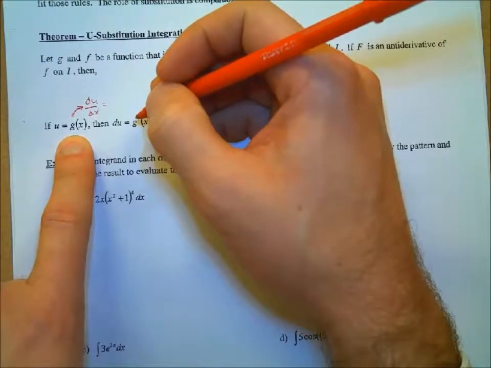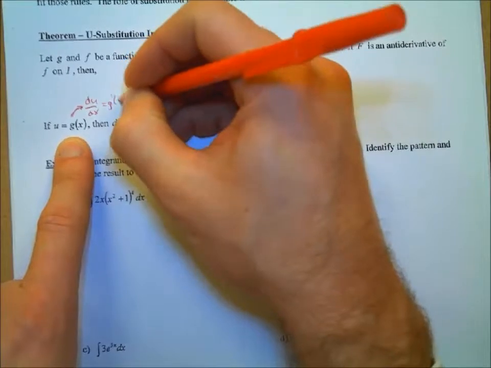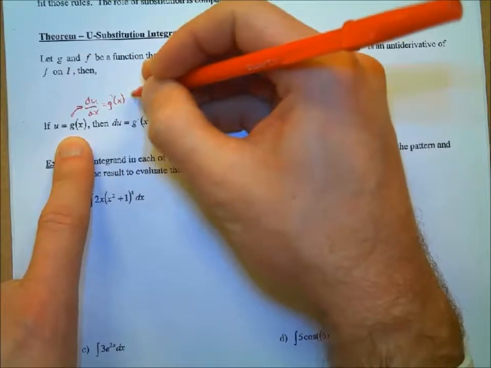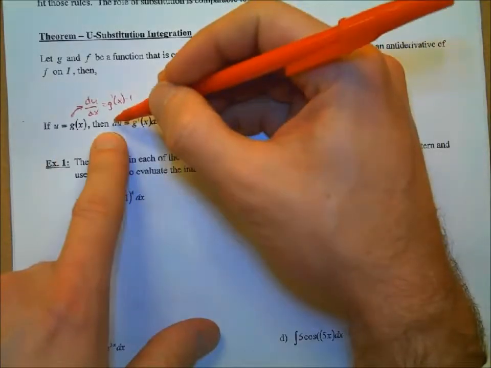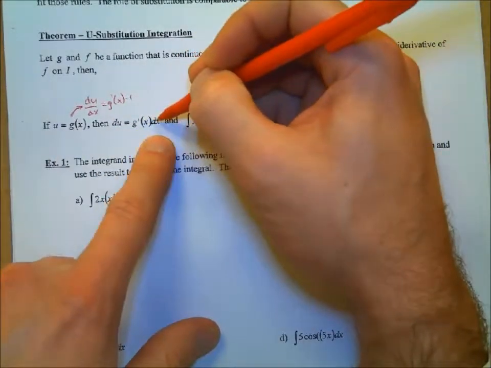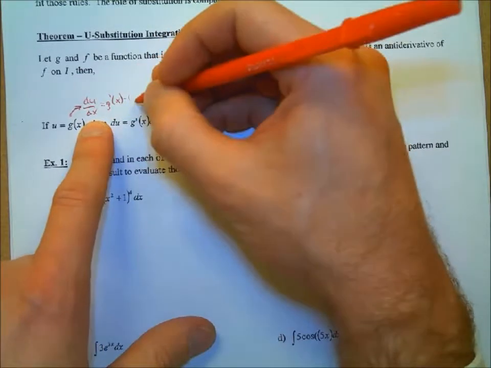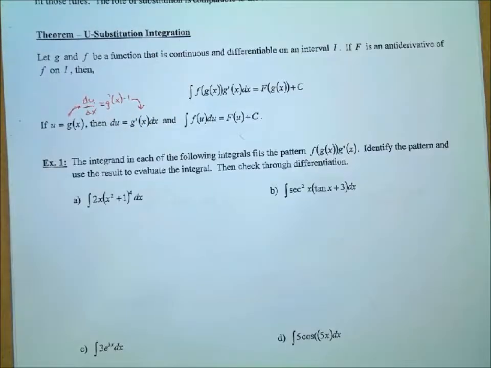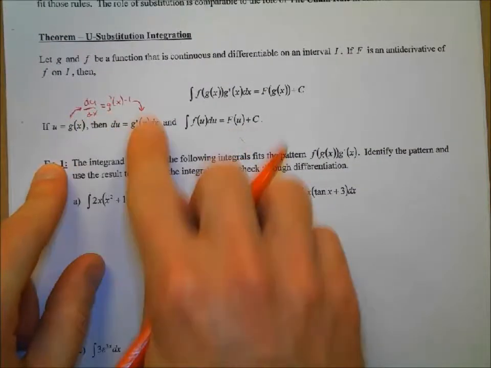Not a trick question. How would we denote that? Yeah, just g prime of x, times the derivative of x, which is 1. If you want to put a times 1 there, you can. Then we get du equals g prime of x dx, because we multiply both sides by dx.